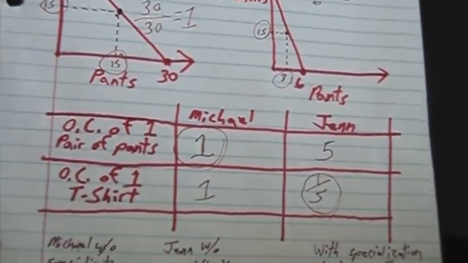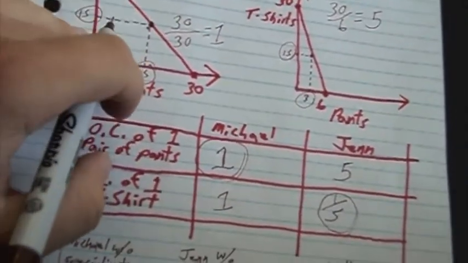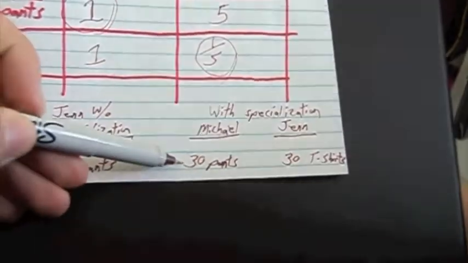Now, each of them could make a different combination, but we'll just use this as an example. So without specialization, Michael would have 15 of each, Jen would have 15 t-shirts and 3 pairs of pants. With specialization, Michael has the possibility of making 30 pairs of pants, and Jen could make 30 t-shirts.